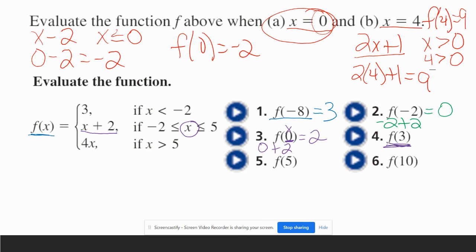F of 3. Where does 3 fit in to these values? Well, 3 is still in between negative 2 and 5. So 3 goes in for x. 3 plus 2 is 5. So f of 3 is 5. When I plug in 3, I get an answer of 5.